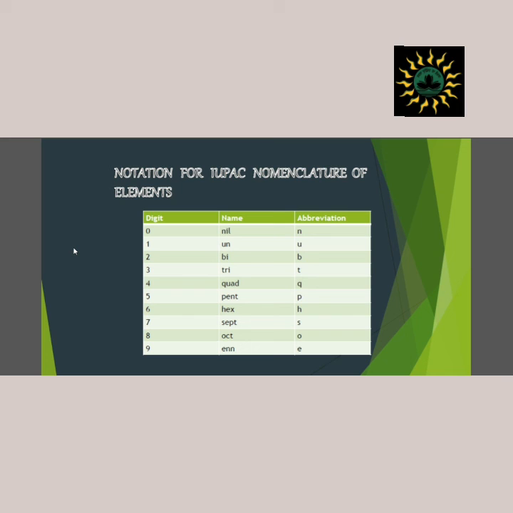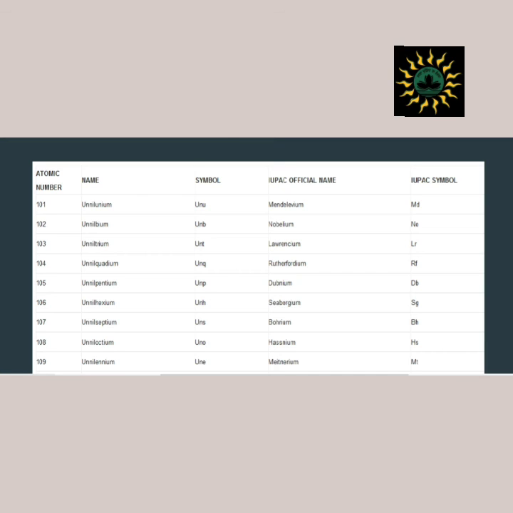So first we'll see how the naming will be done. Now this is actually applied for atomic numbers more than 100. First we'll take atomic number 101. Now you know that in case of 1, the naming will be un. In case of 0, it will be nil. So for the first one, it will be un, with the first letter capital.